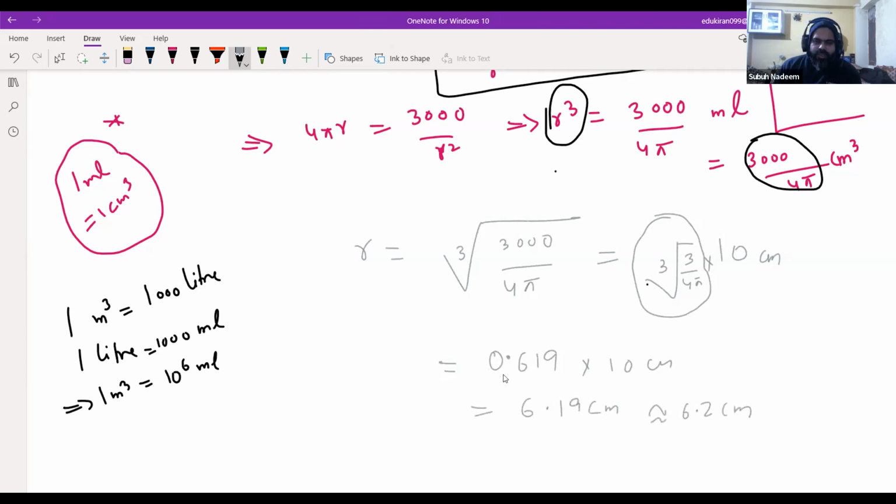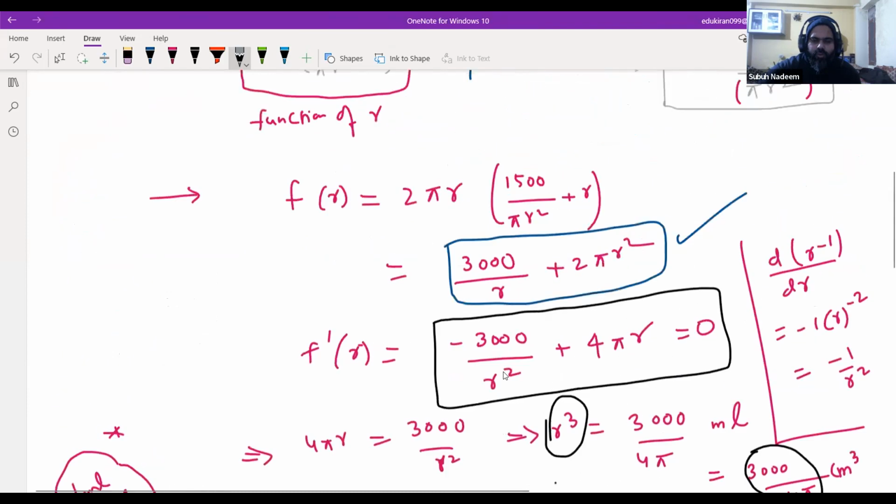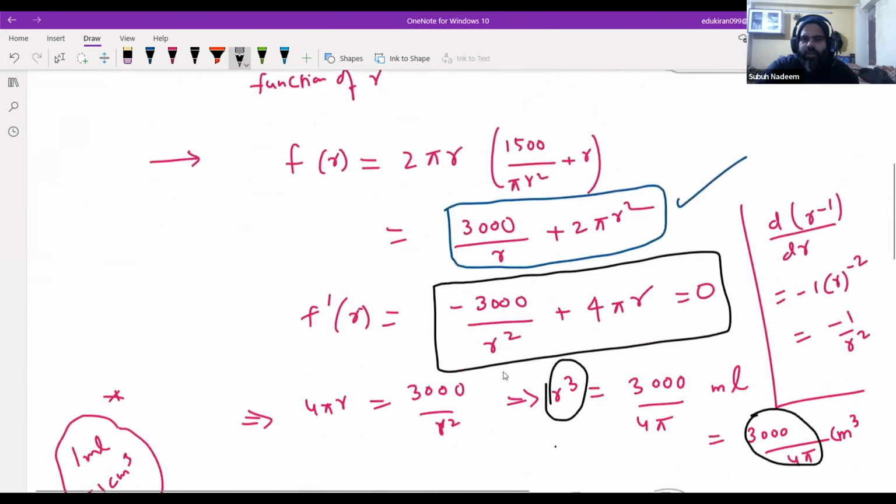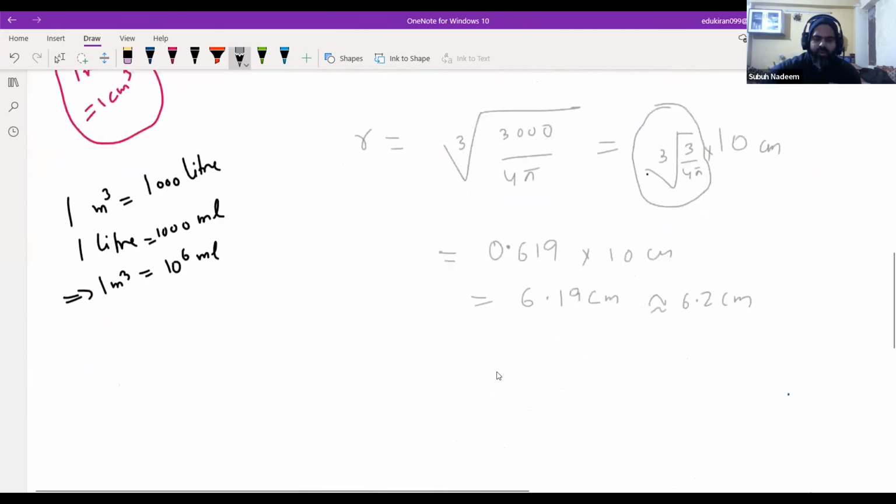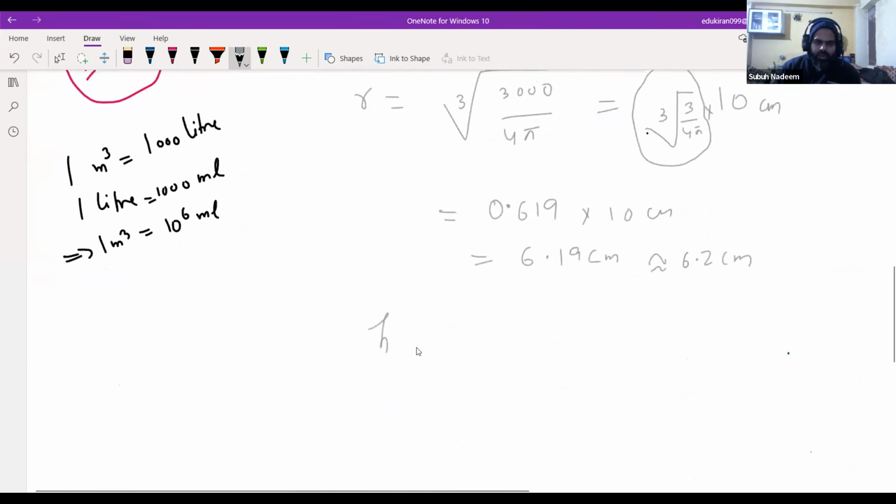So yes, radius is this. And then you come to height, and height is 1500 by pi r square. Now if you are using calculator, no need to do a lot of manual calculation. Pi r square, so 3.14 into r square, that is 6.2 square. So let us calculate that also.